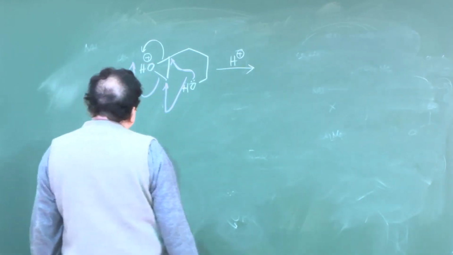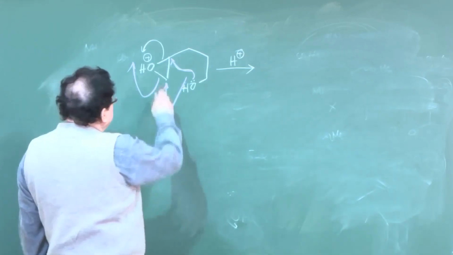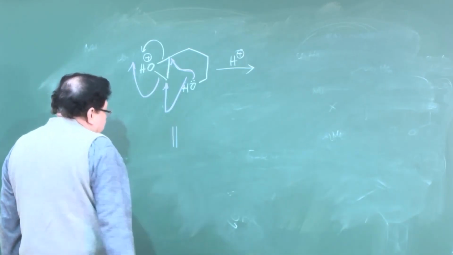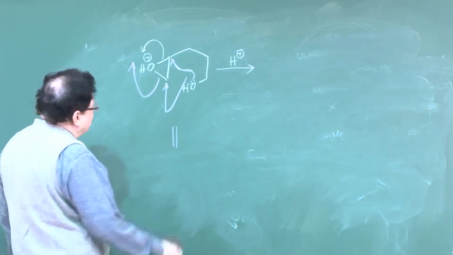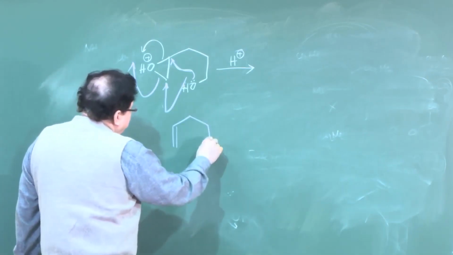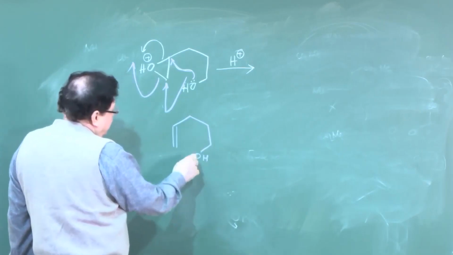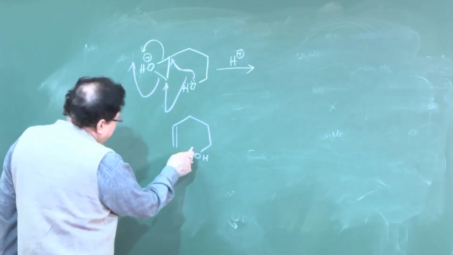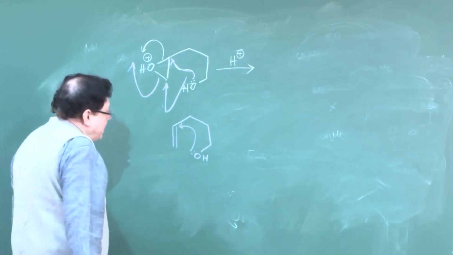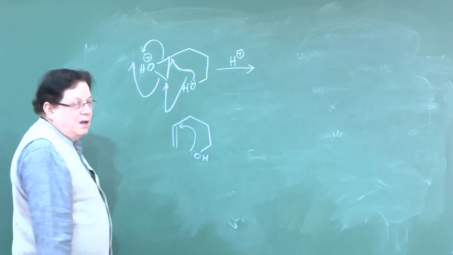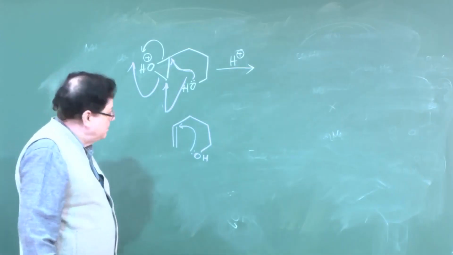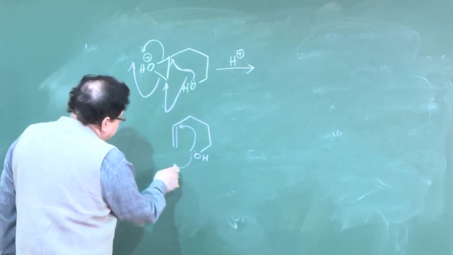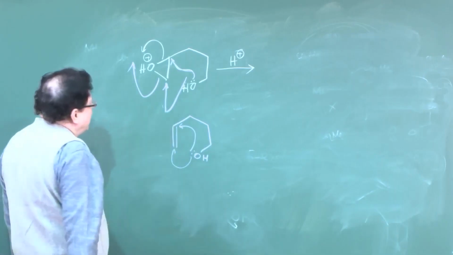I think the best way to do that is to think of the epoxide as a double bond instead. If it were a double bond, then how would you define those processes? If it attacks this carbon, that is obviously an exo process, and if it attacks this carbon, that will be an endo process.